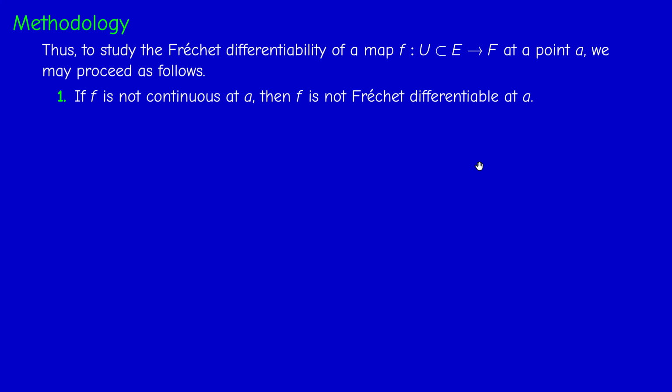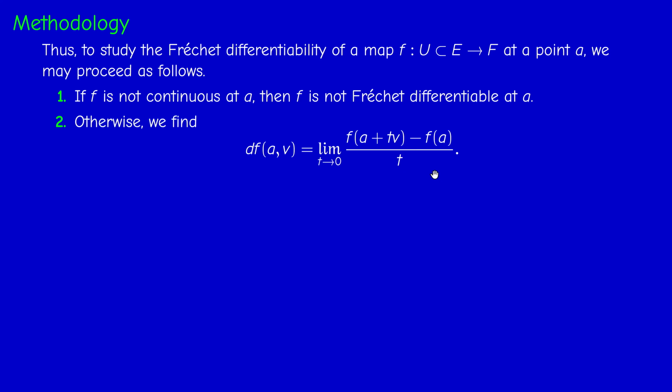First of all, we see if f is continuous at the point under consideration. If it's not continuous, then of course it cannot be Frechet differentiable at that point, because Frechet differentiability at a point implies continuity at that point, but it's not true for Gateau differentiability. So discontinuity at the point rules out the existence of a Frechet derivative or differential.